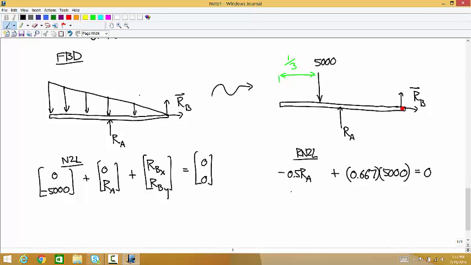So that says 0.5 RA is equal to 3,333, and so on. And therefore, RA is equal to 6,666, and so on.